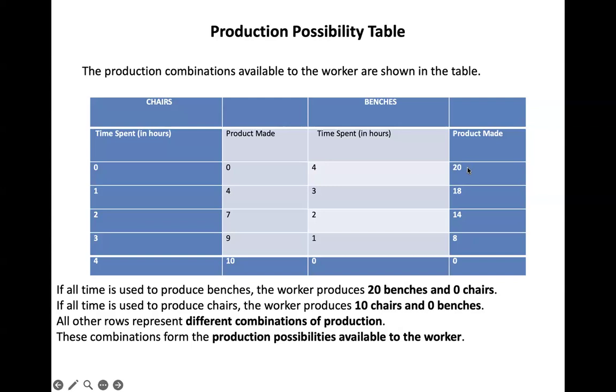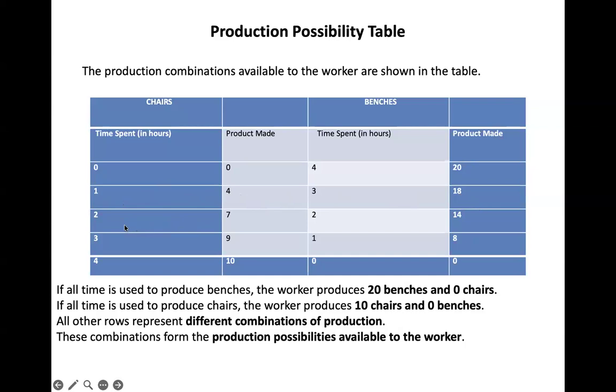He can produce 20 what? Benches. But when he uses 1 hour to produce chairs, he's producing 4 chairs, but he can produce 18 benches.